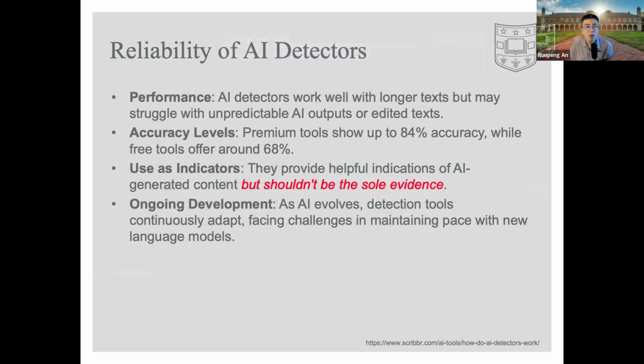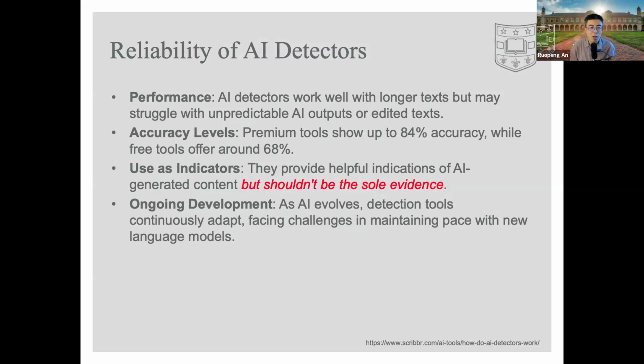Okay, so how reliable are those AI detectors? In terms of performance, AI detectors may work well with longer text, but may struggle with unpredictable AI outputs or edited text. So the chance of making mistakes really varies given different lengths and different contents of the text.